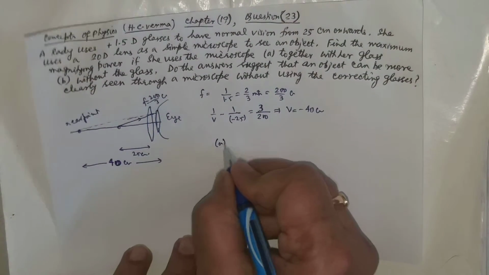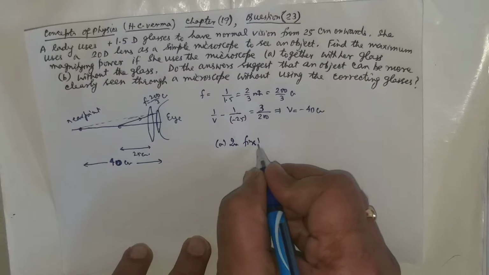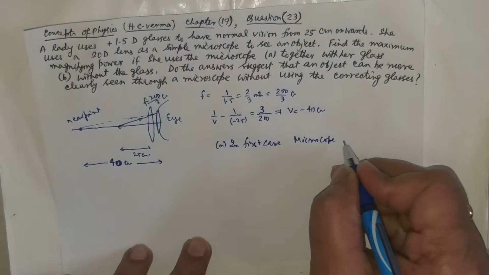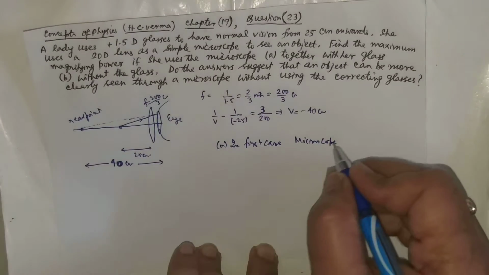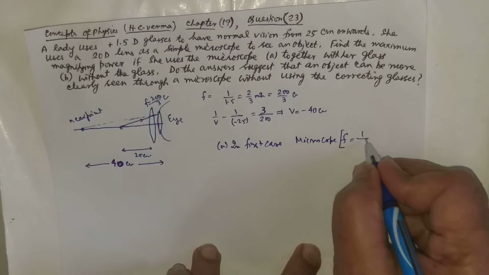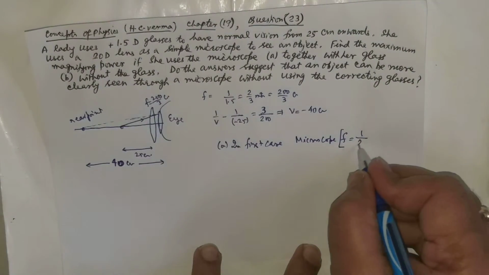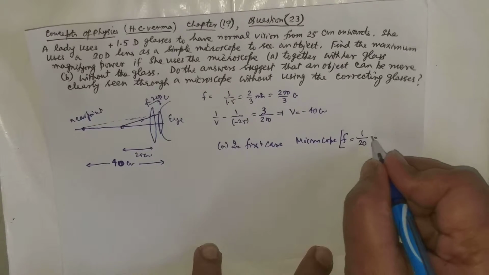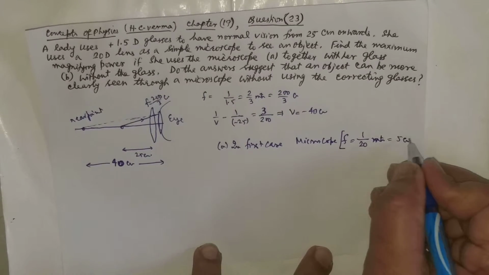So in the first case, the microscope whose focal length is how much? Focal length will be equal to 1 by the power, which is 1 by 20 meters, equal to 5 centimeter.